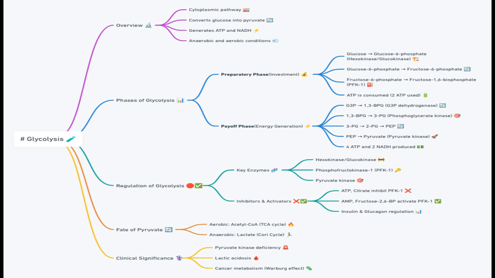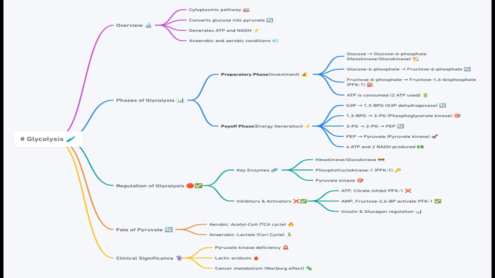And the 10th step being phosphoenolpyruvate, or the PEP, and the enzyme here is pyruvate kinase. And the 11th step, or the last step, being pyruvate. So from the 5th step to the 11th step, you have your triose stage, and therefore ATP is being produced.